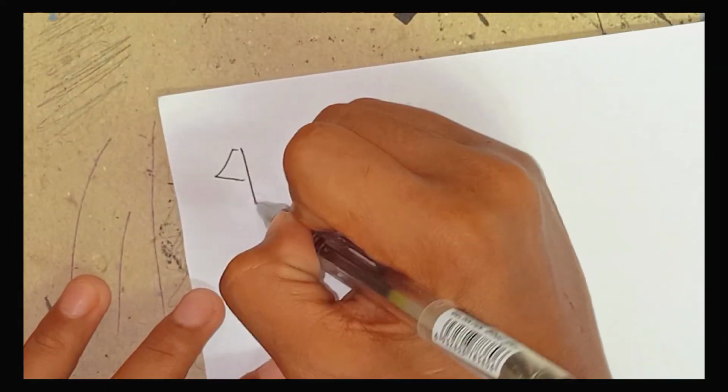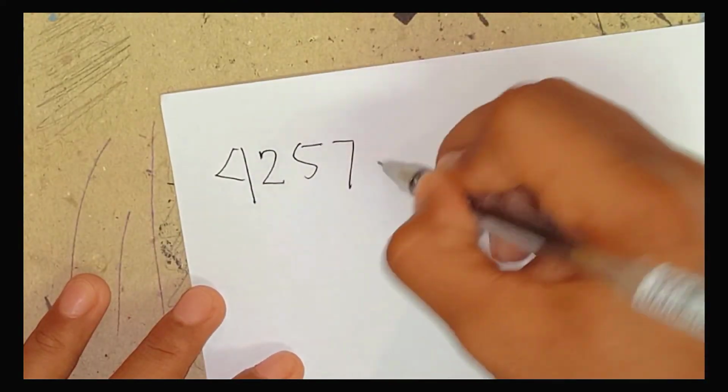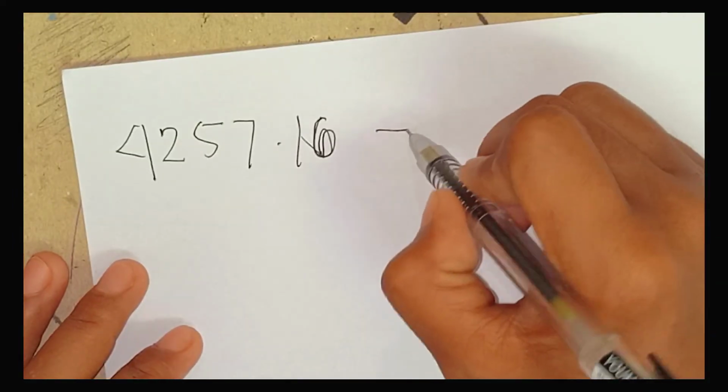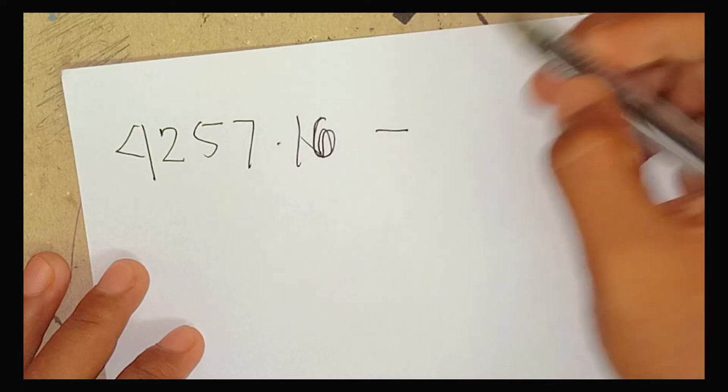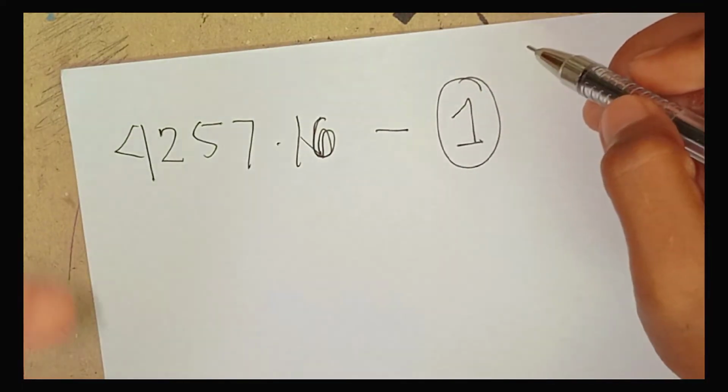Now, the next thing that we need to be able to do is round a number to the appropriate number of significant figures. For example, 4,257.16. How can we round this number to one significant figure?